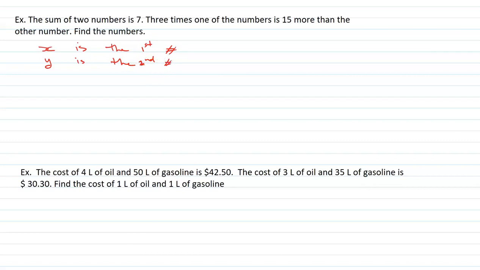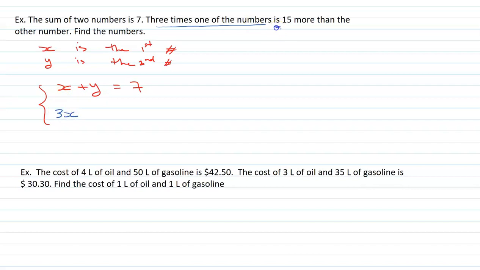So the first part, very simply, x plus y is equal to 7. But the second part of this sentence says 3 times one number is 15 more than the other one. So 3 times one number. Let's say the first one is x, so 3x.